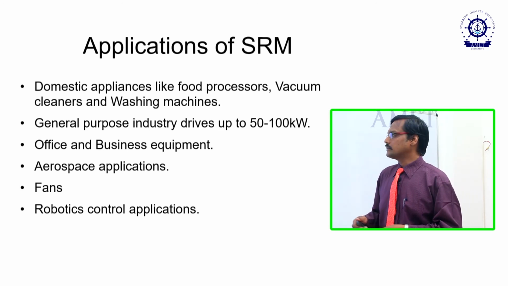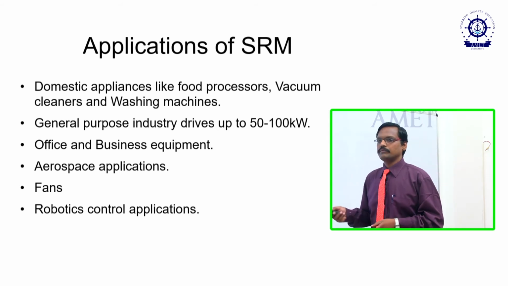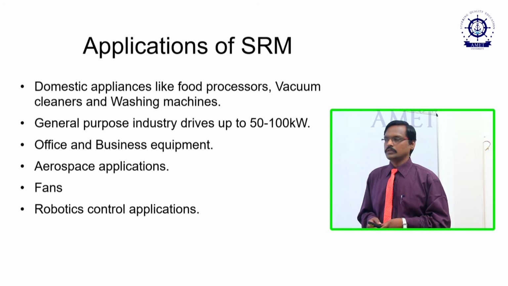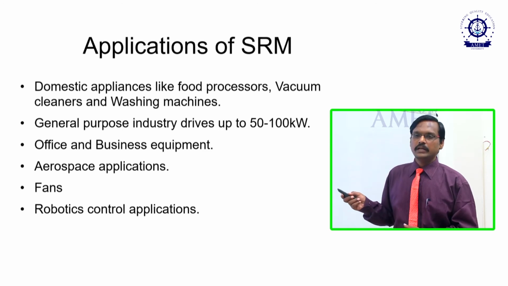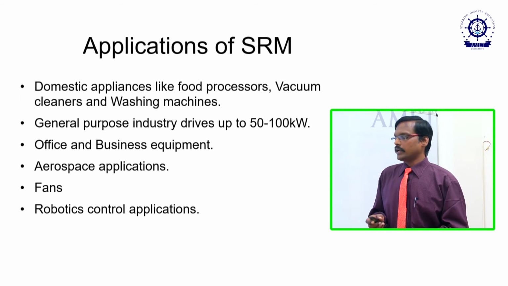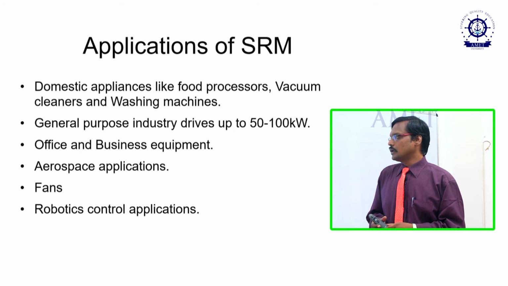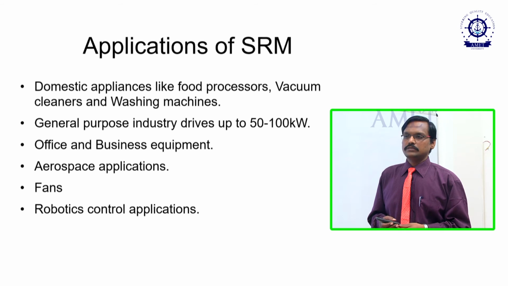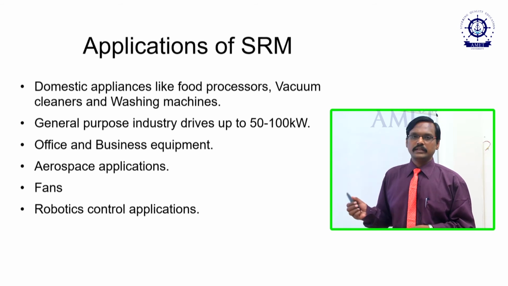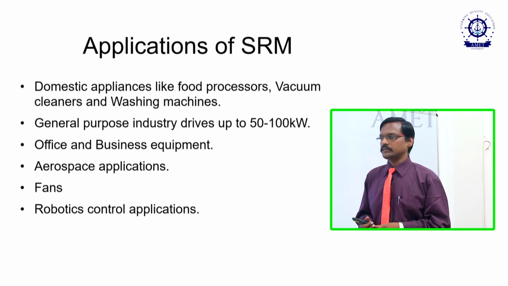In general purpose industry, you can go for this SRM motor for 50 to 100 kilowatt loads, and since it provides very good efficiency it is cost effective, and it is also used in office and business equipment. In aerospace applications, since this motor is simple in construction, the weight of the machine is very low, so it is very useful.